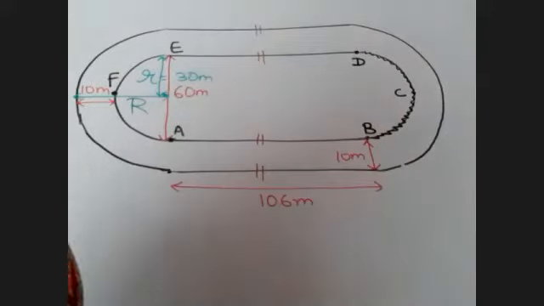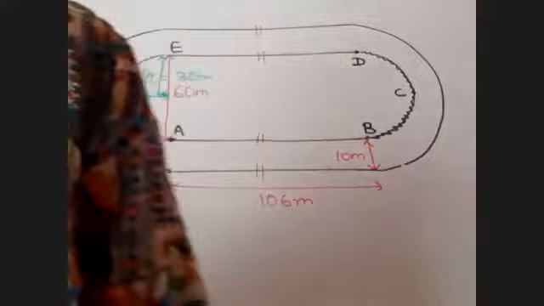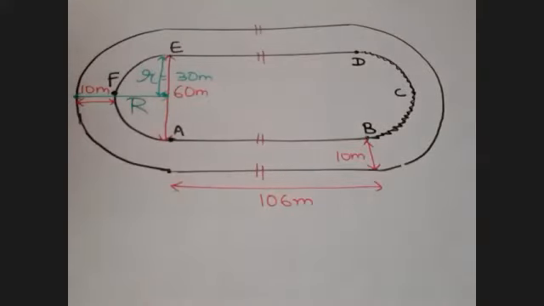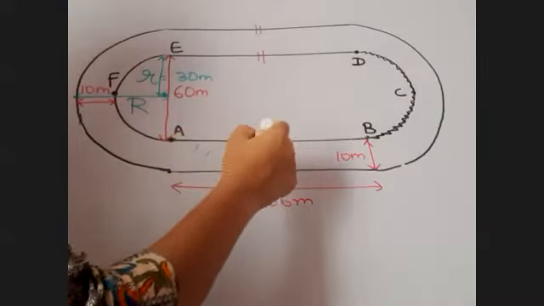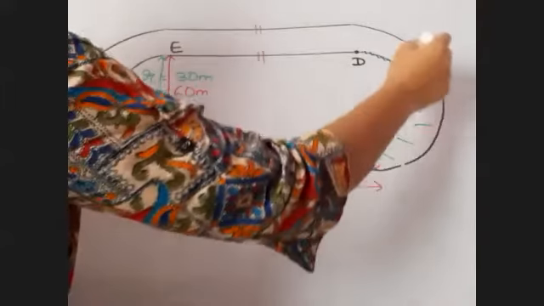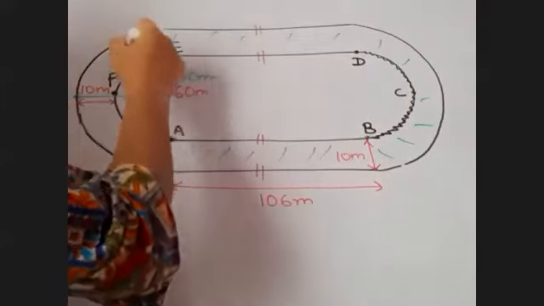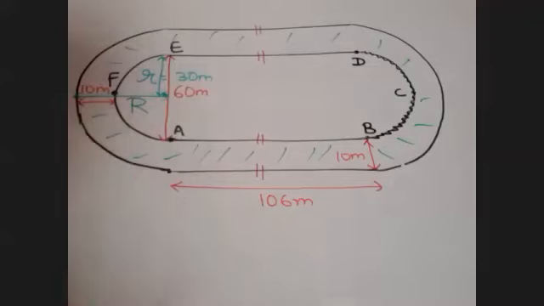Now the next part is, find the area of the track. Now children, what do we mean by area of the track? Does it mean this inner portion? Please see.